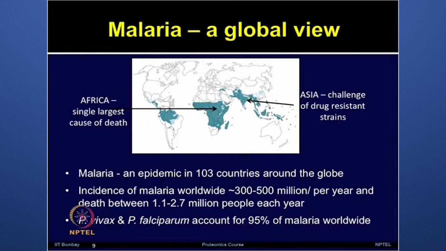But not only in Asia and Africa, malaria is an epidemic in 103 countries around the globe. The incidence of this disease is more than 300 million per year, and deaths are almost between 1 to 2.7 million. So, these stats give us an indication of how severe this problem is.